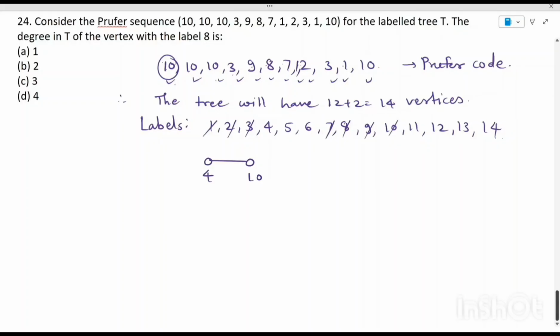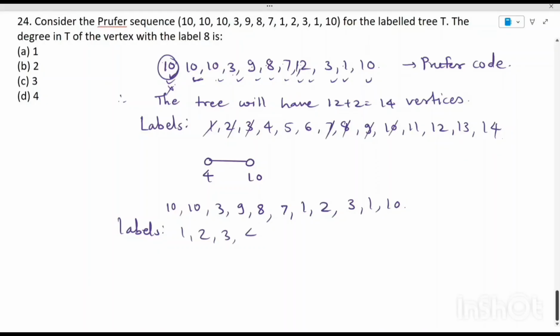Next, what is the remaining Prüfer code? We are not considering the first 10 because we have drawn an edge between 4 and this vertex 10. Now I am writing from this 10: 10, 10, 3, 9, 8, 7, 1, 2, 3, 1, 10. Again I am writing labels from 1 to 14.